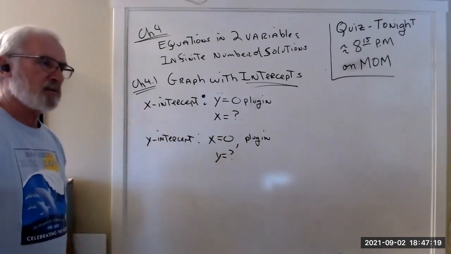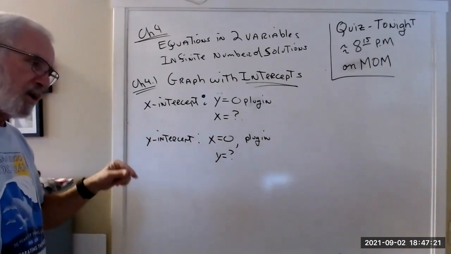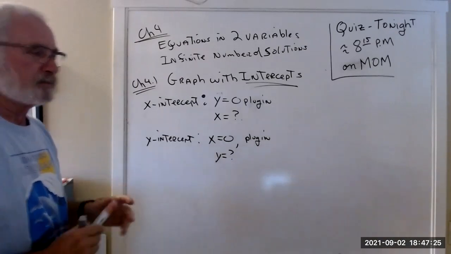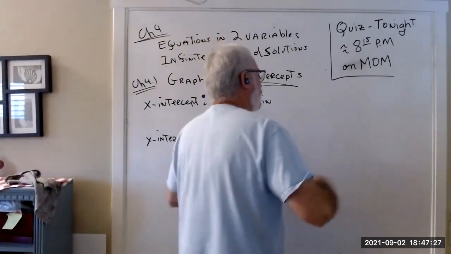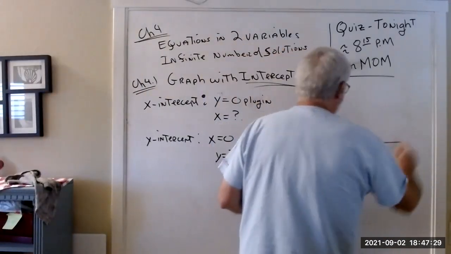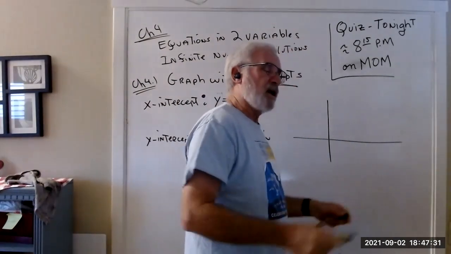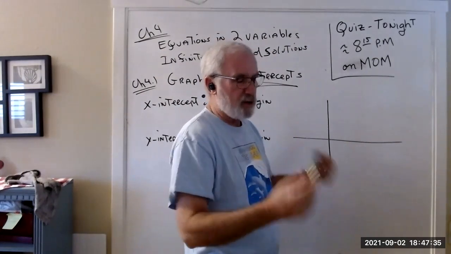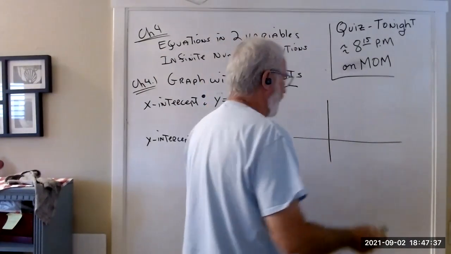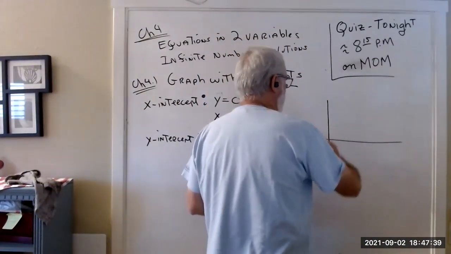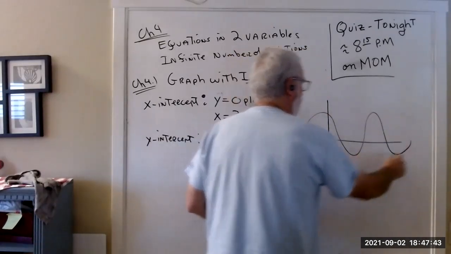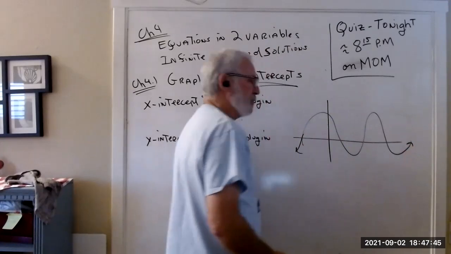Now I'm going to do a problem in just a moment, but I don't want you to get too comfortable with this, because the next course you're going to take is trigonometry, Math 104. That theoretically is the next course most of you guys will take. And in trigonometry, you're going to graph sine curves. Okay.